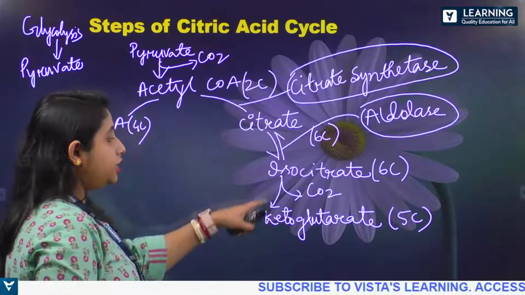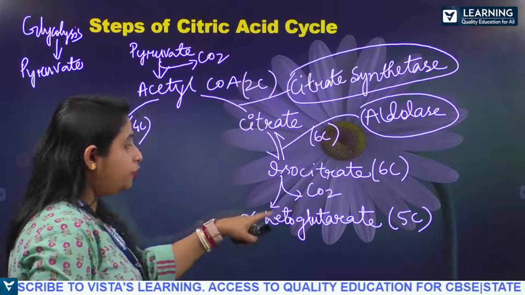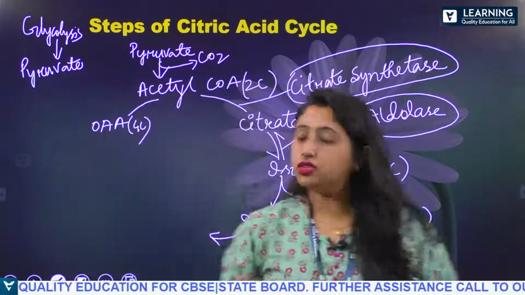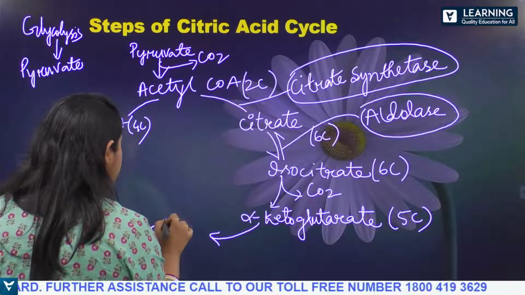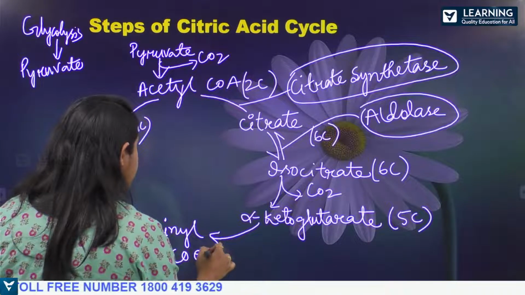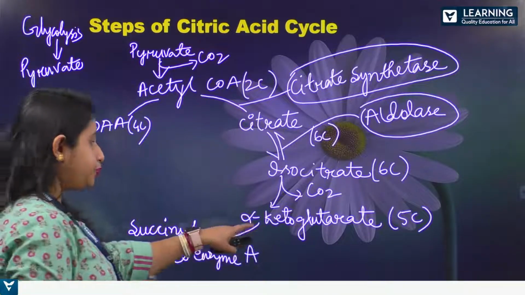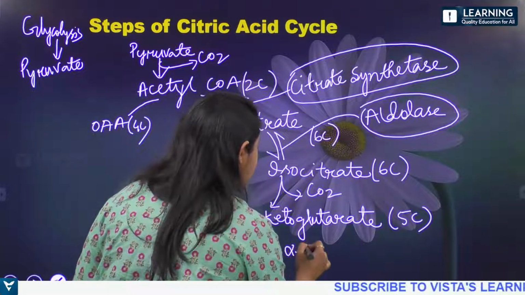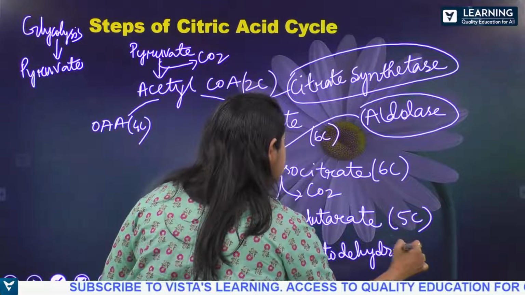The enzyme involved here is isomerase. Okay, now alpha ketoglutarate is further converted into succinyl coenzyme A. Here the enzyme involved is alpha keto dehydrogenase.